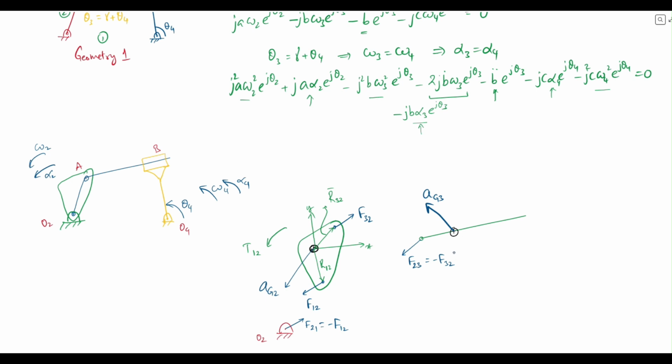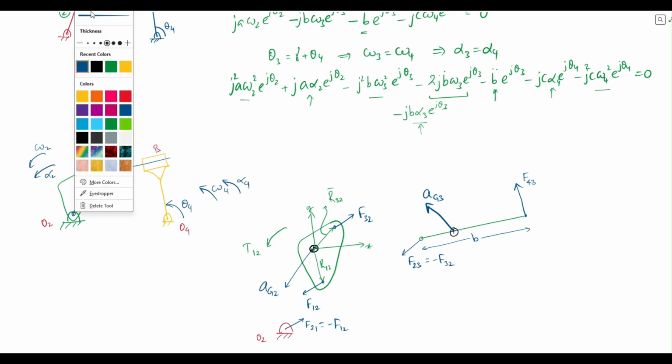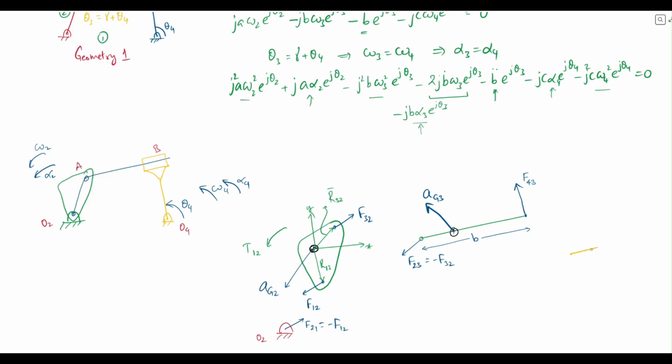There is going to be a force along the axis of slip, or along the axis of transmission, and say at this given instant the link length is B, then the force will be acting at this point and be perpendicular to the link length. This will be F4 on 3, which will have a corresponding force on link 4.